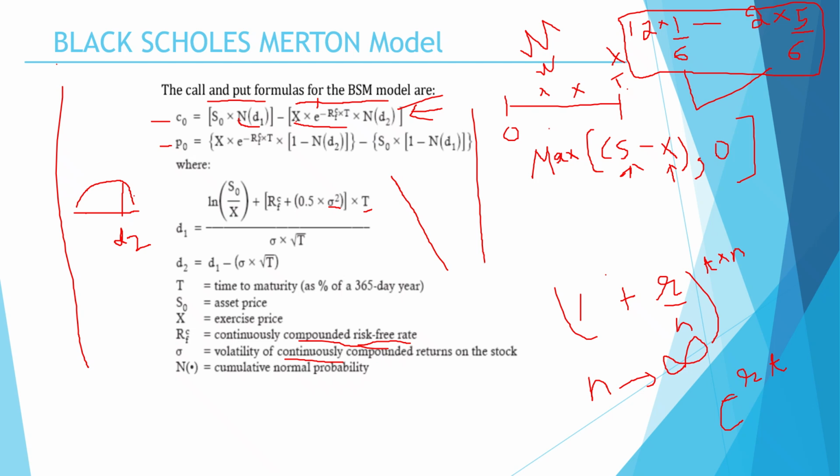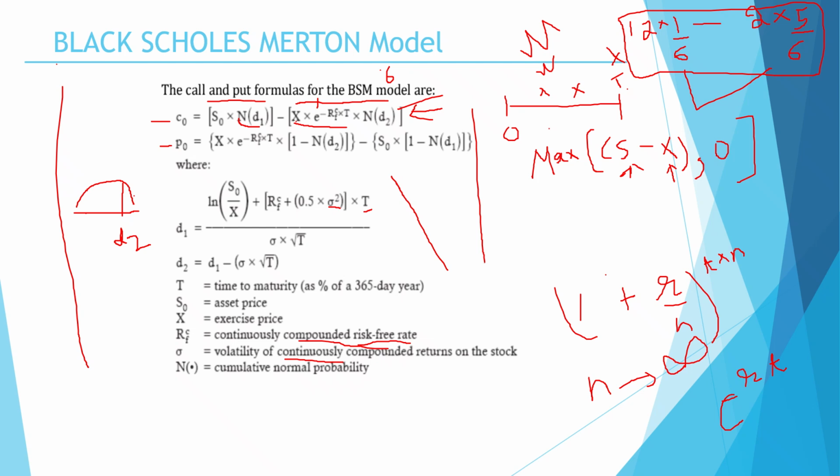So for example, if I have an ND2 of, say, 60%. Because we are using the conditional probability, which is ND1, ND2 is the probability that the stock price will be greater than the strike price, and ND1 is the conditional probability, if it is greater than the strike price, of what the value will be.